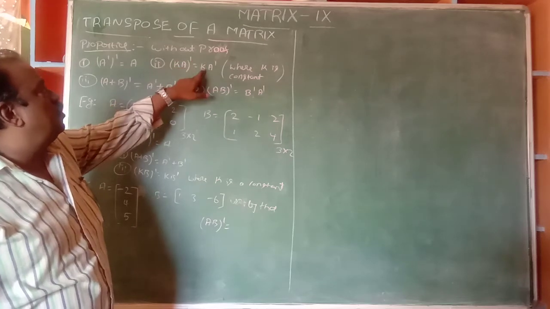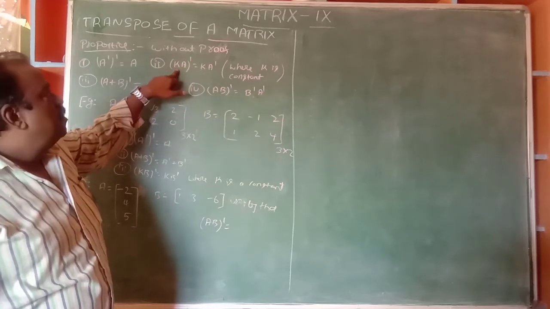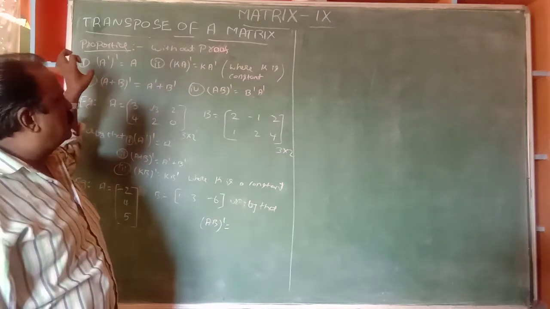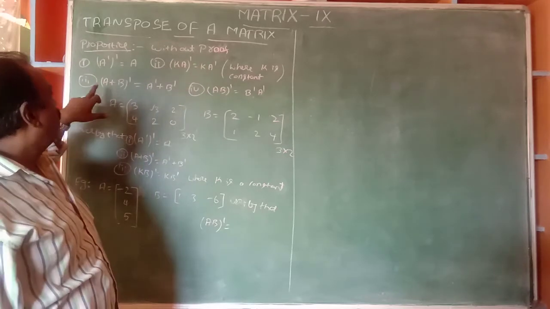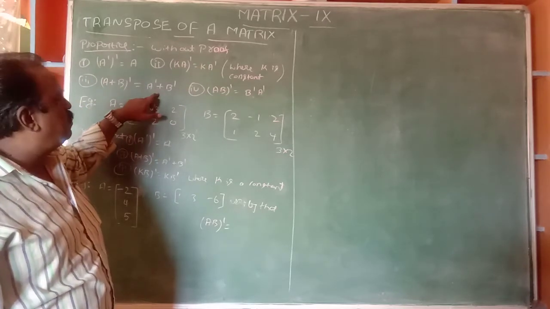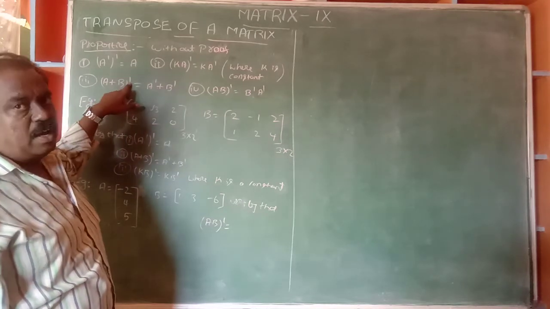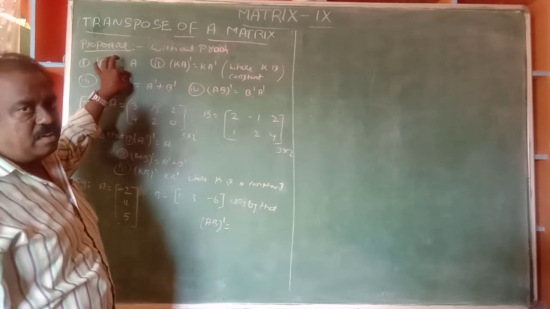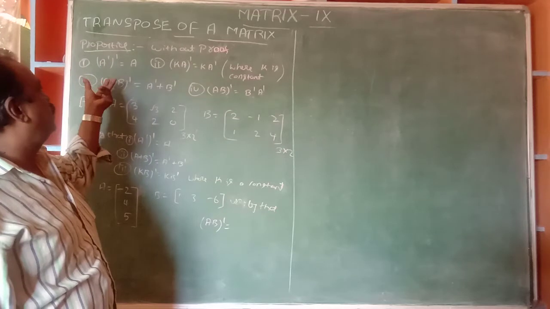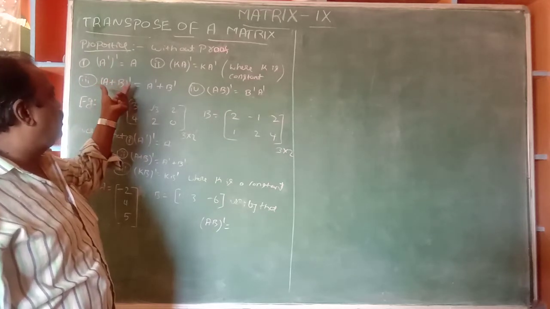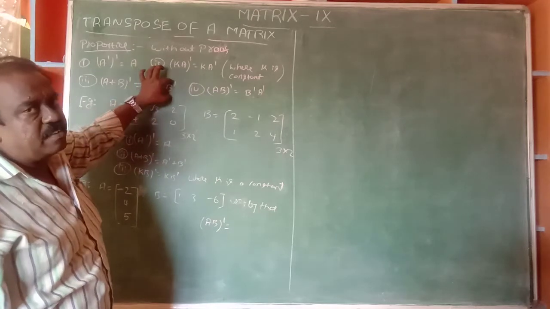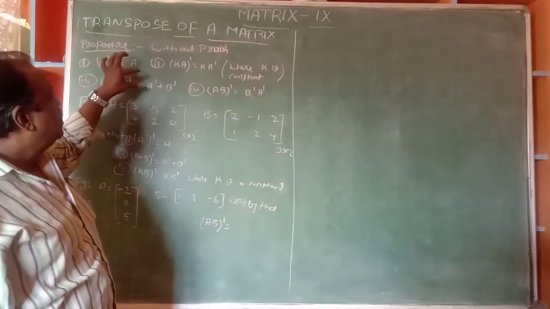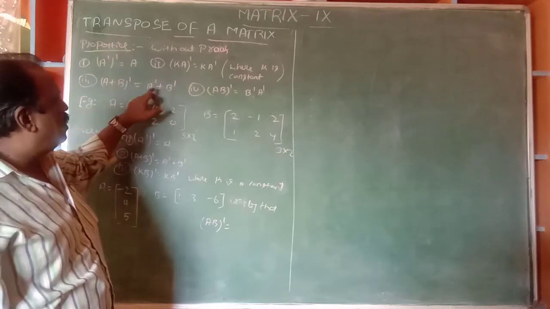K A whole dash is equal to K A dash. Means, for K we will not apply the dash. K is a constant, so it will come out, leaving A dash. And A plus B whole dash is equal to A dash plus B dash. For the sum of two matrices, the transpose of the sum of matrices is the sum of the transposes of the matrices. If the transpose is applied to a sum, it is applied to each and every matrix.